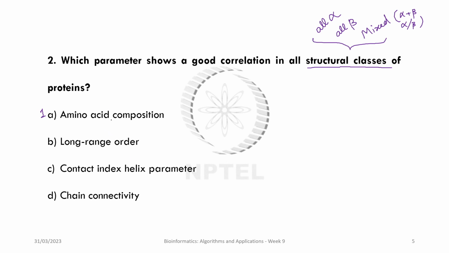Alright. So it is long range order, right? Among all categories, you had a correlation of about 0.7 or 0.8 for all structural classes, all alpha, all beta, or mixed. I don't remember the exact values off the top of my head, but I think I did write it down somewhere.